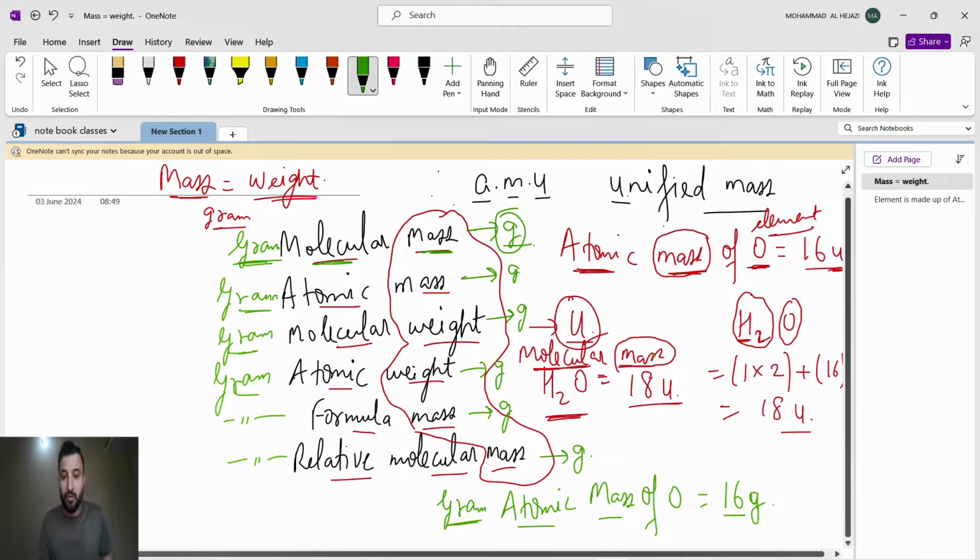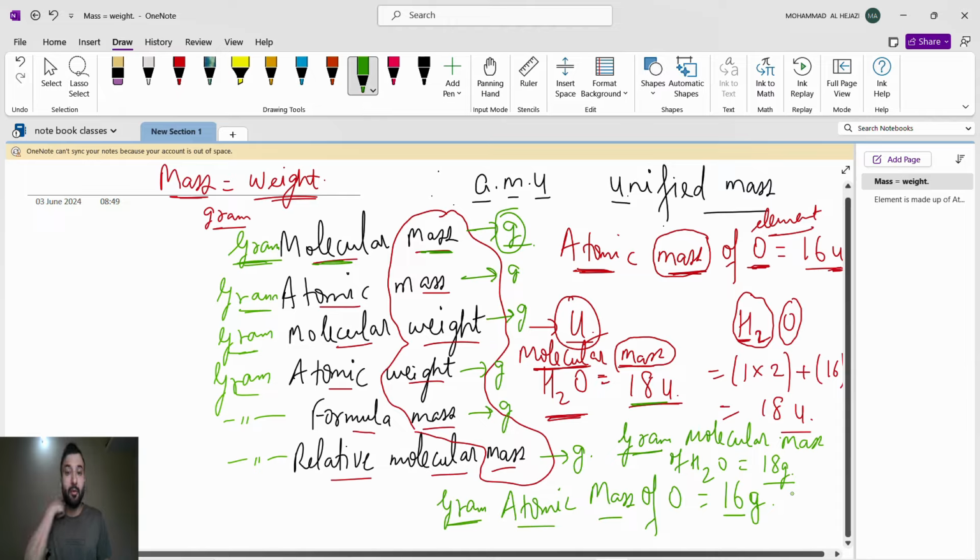Remember the thing, the quantity will remain the same. Like here, the molecular mass of H2O is 18. If I tell the gram molecular mass of H2O, don't write this, just understand. Gram molecular mass of H2O means 18, the magnitude will remain the same, 18, but the unit is gram, so it is expressed in gram.